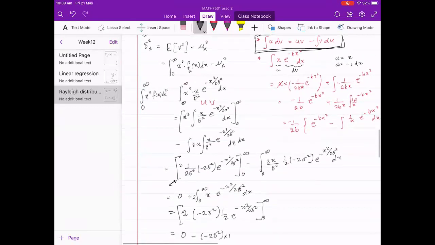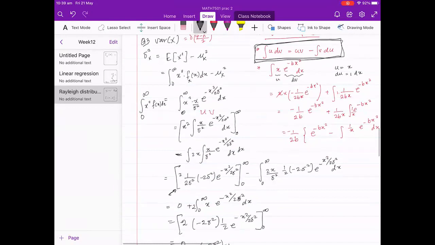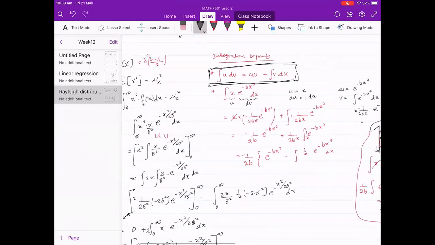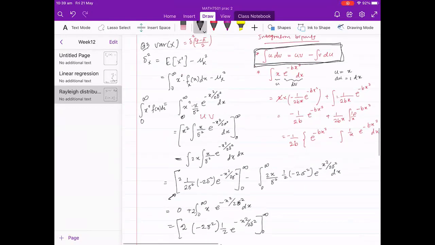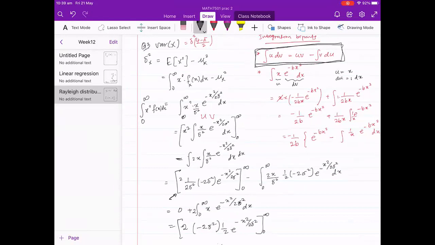Using that, in integration by parts, this part is uv, the first part, and minus the integral of v du is the next part.